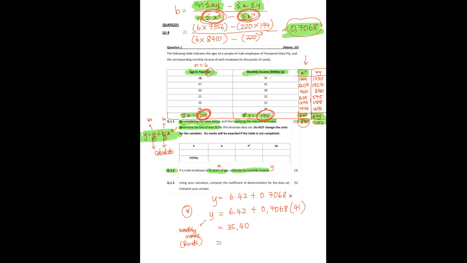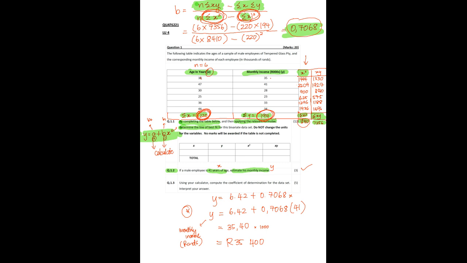Because it's in thousands of rands, you multiply by 1,000, representing the thousand portion, and this would be as a rand value 35,400. And you are done with question 2, where you have now estimated that if a person is 41 years of age, his monthly income on estimate should be 35,400 rands.